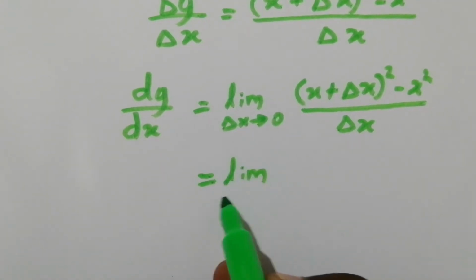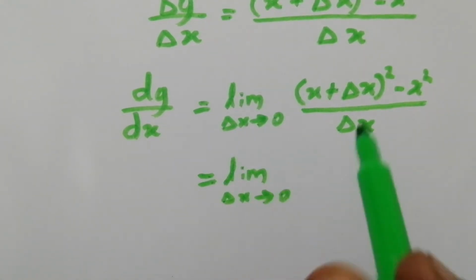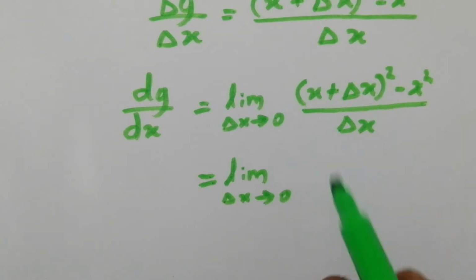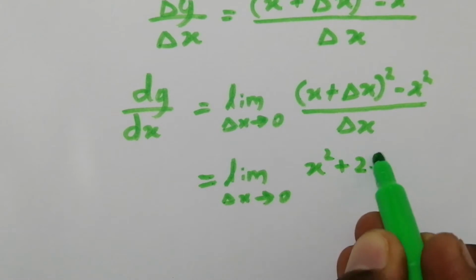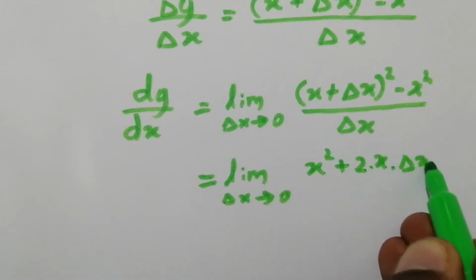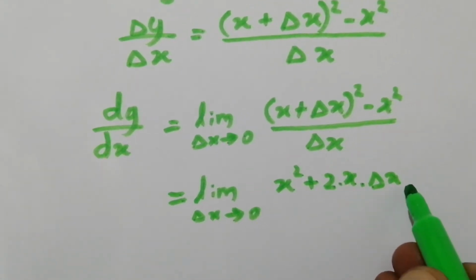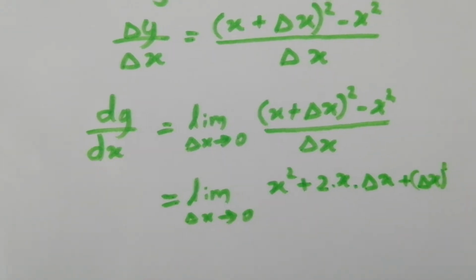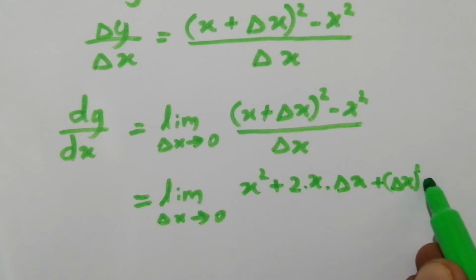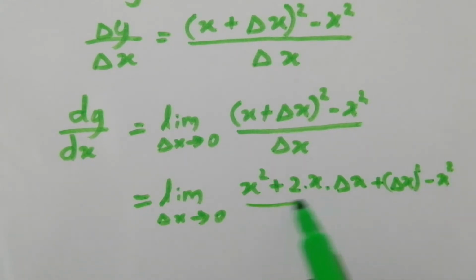For this I am expanding (x plus delta x) whole to the power 2, which is x squared plus 2 times x times delta x plus delta x squared, minus x squared upon delta x.